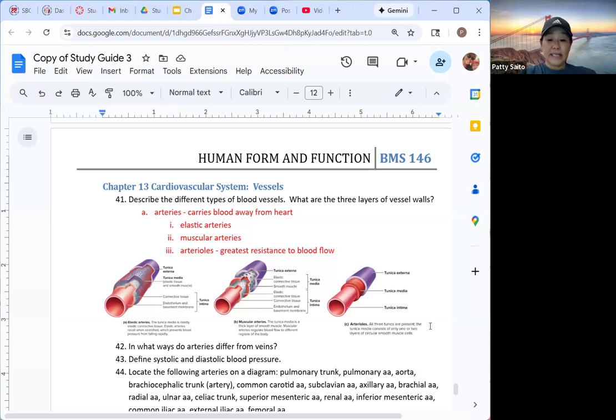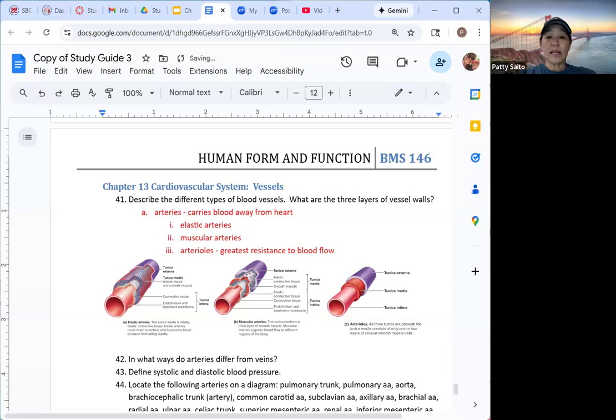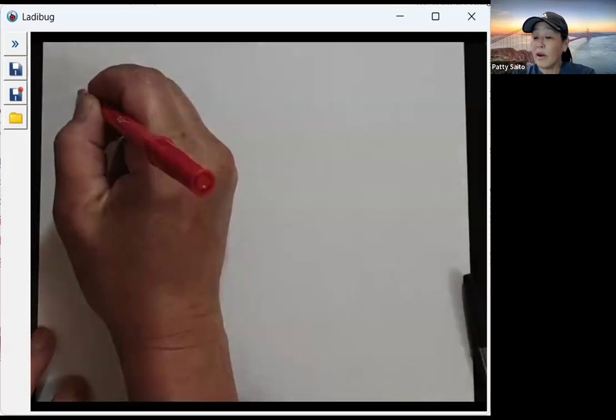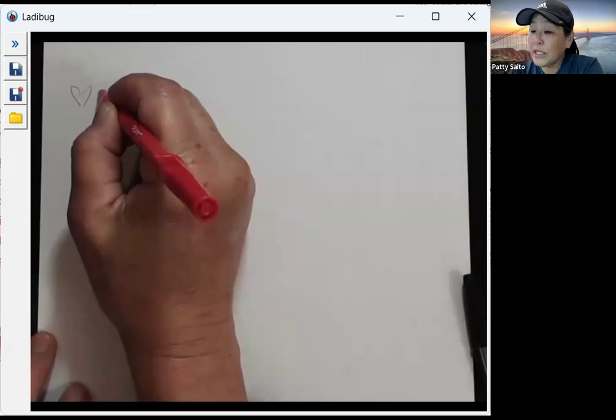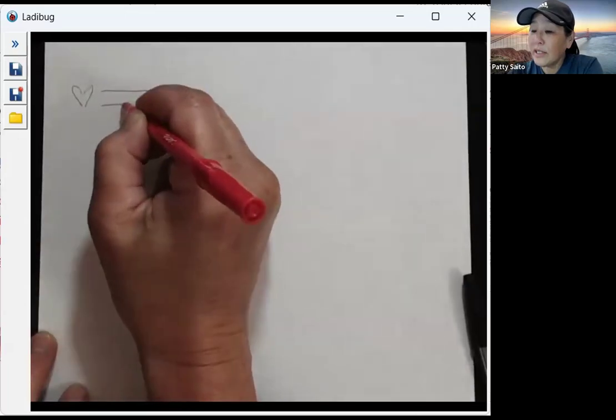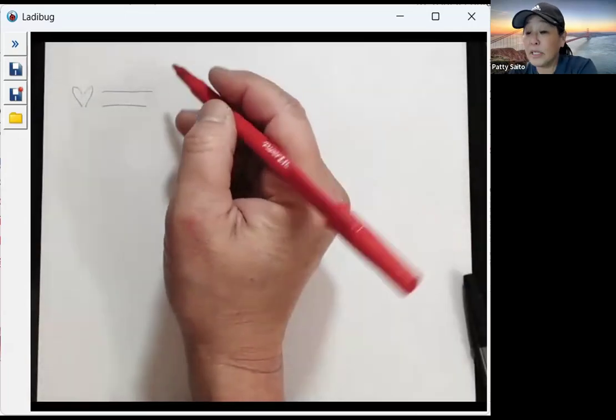All right, next. Remember the last time, maybe I should share that again, just to remind you, that the vessels are continuous. So we have blood coming from the heart, high in pressure, and let's say it's leaving through the systemic circuit.